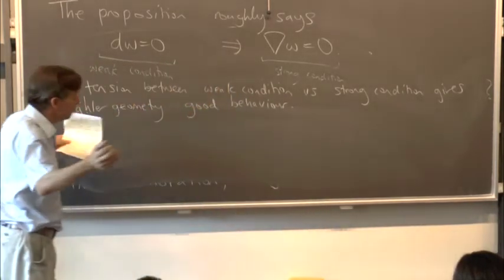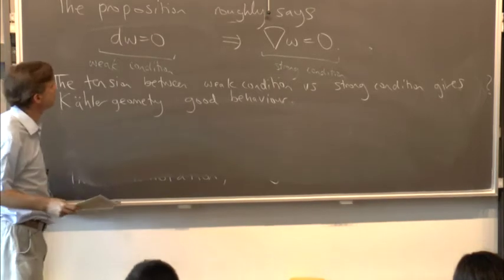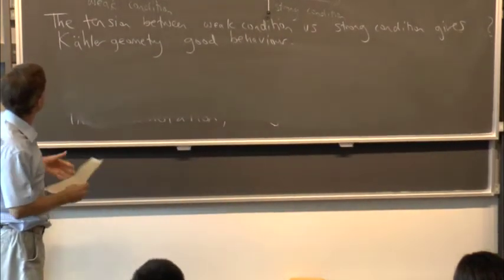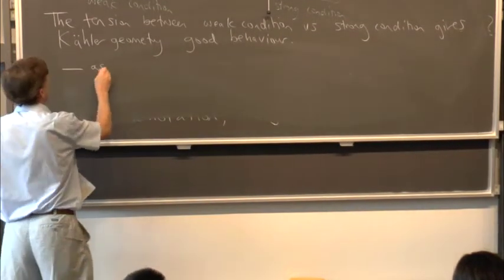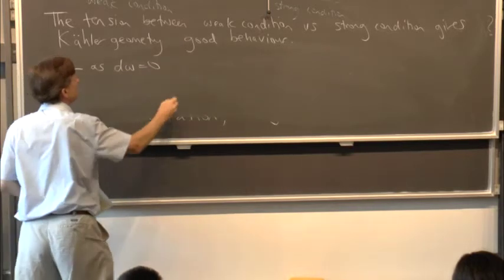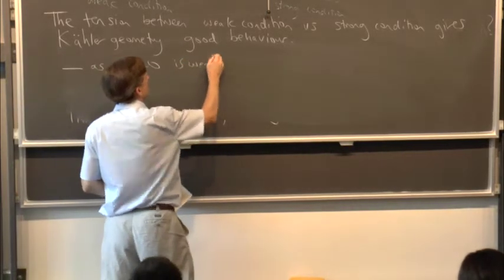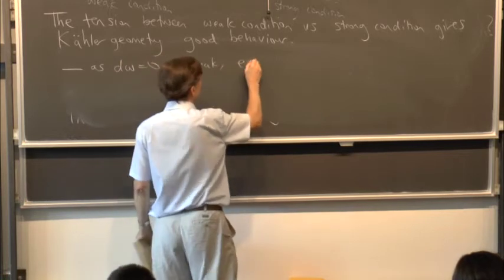At least morally speaking, it's not very precise. But basically, as d omega equals 0 is weak, it's easy to satisfy.